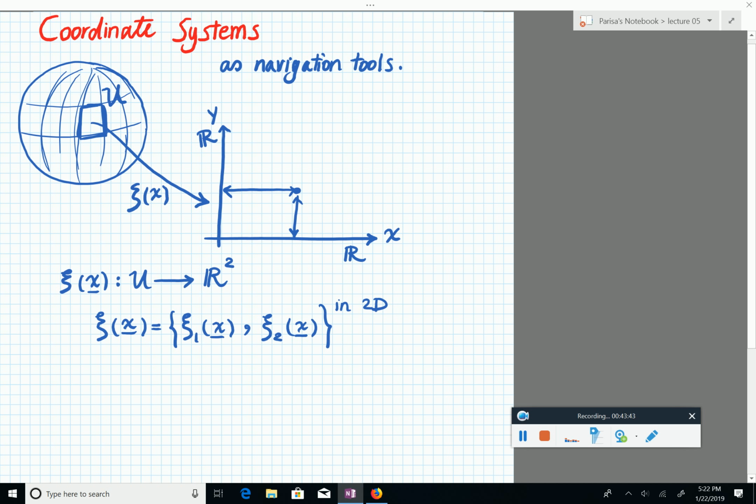So they are mapping an object into, in this case, just a map, really. And then you get a number of scalars, and those scalars are coordinates. This should be very tangible for all of you.